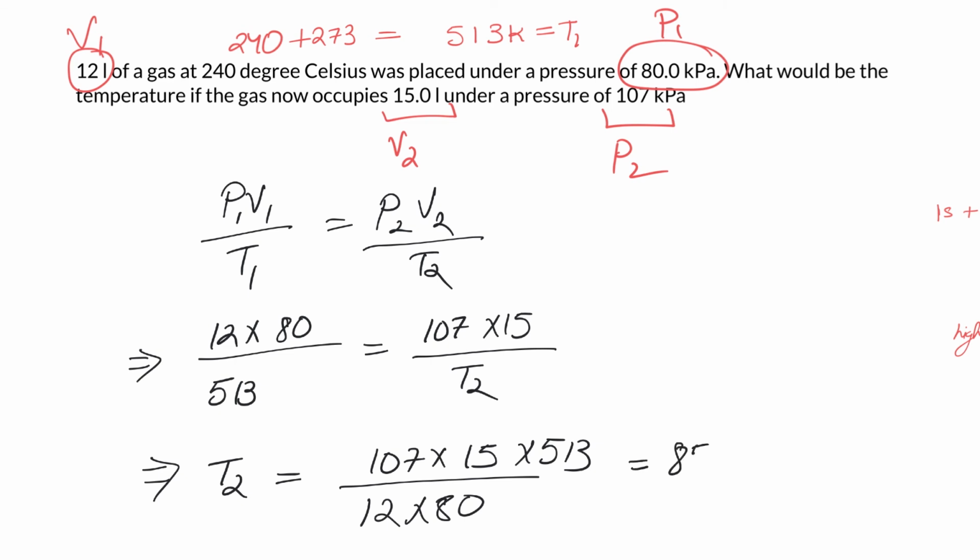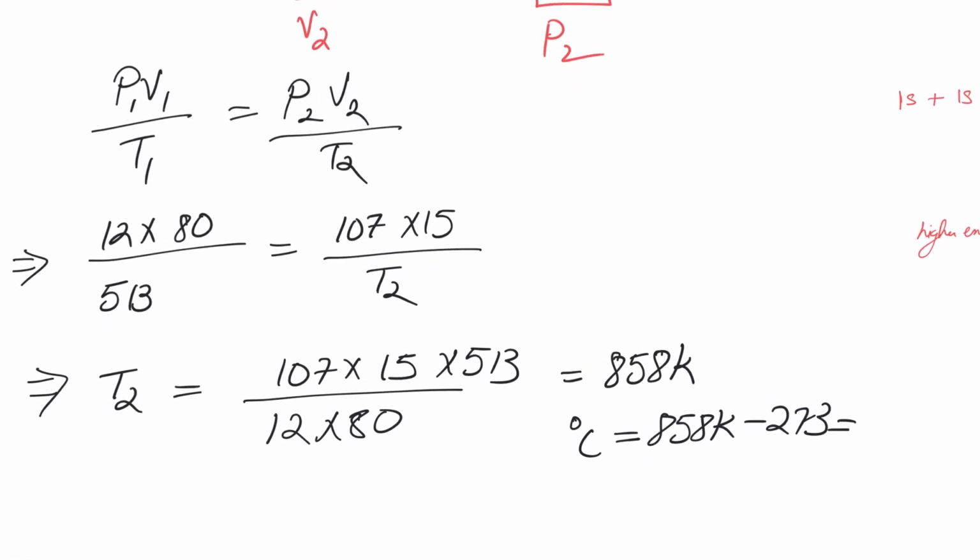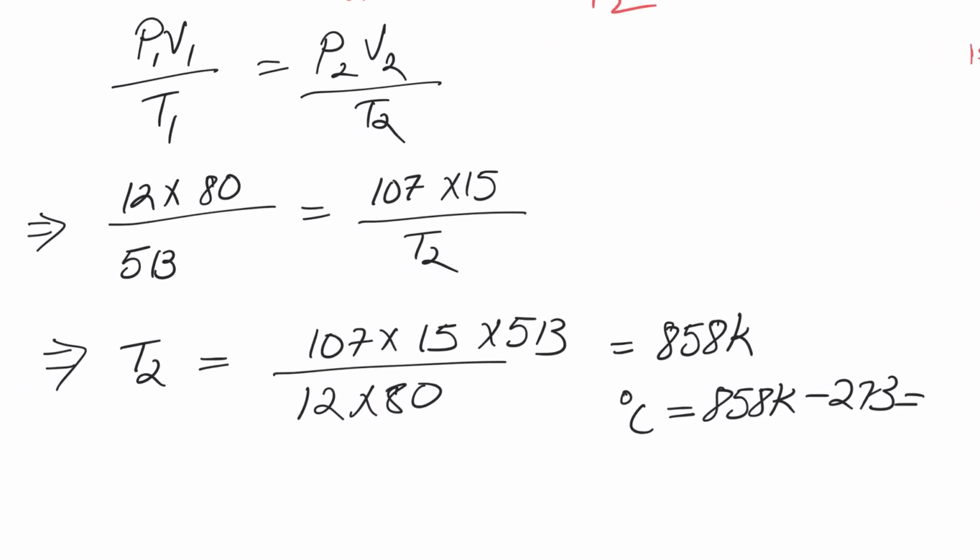So that comes out to be 858 Kelvin. To convert to degrees, subtract 273. Remember, 858 minus 273 comes out to be 585 degrees C, right? So that's your answer.